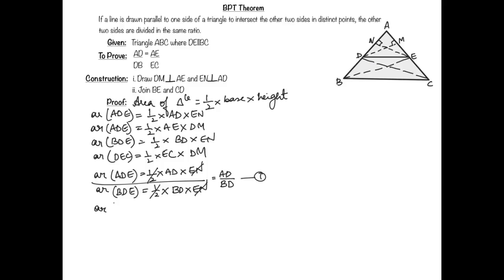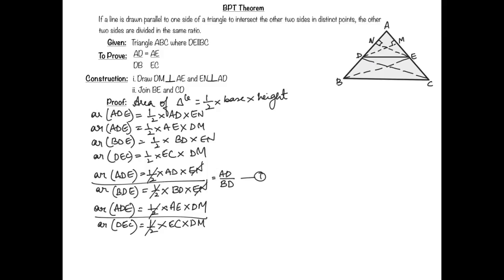So the next ratio: area of triangle ADE is equal to half into AE into DM, upon area of triangle DEC is equal to half into EC into DM.